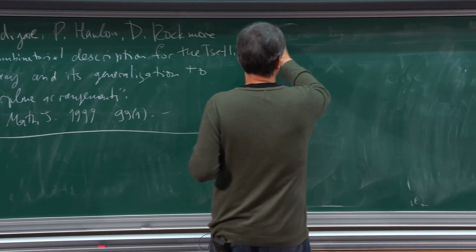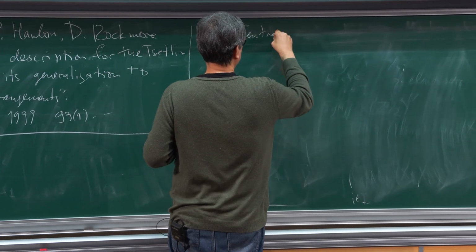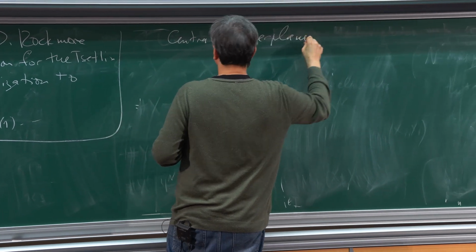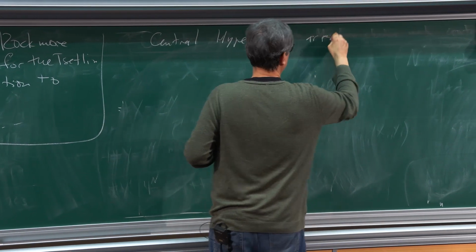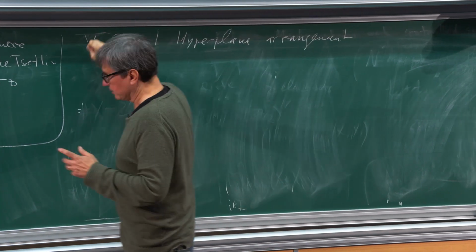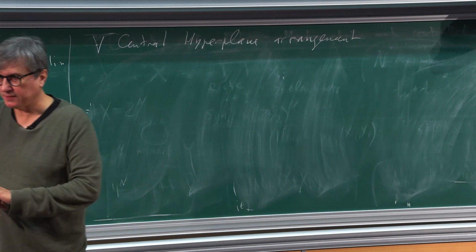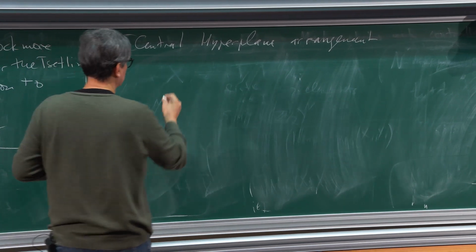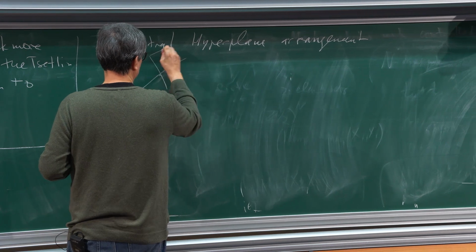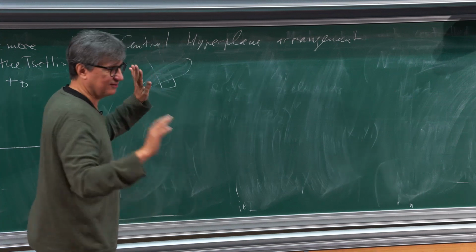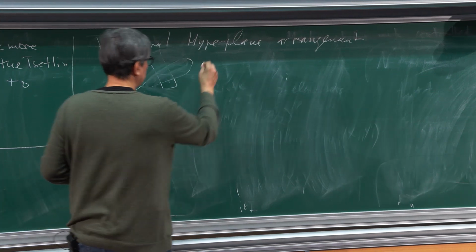Suppose we have a central hyperplane arrangement. Central means that the hyperplanes pass through 0, just to distinguish from affine. I don't know how to draw it. Central hyperplane arrangement.